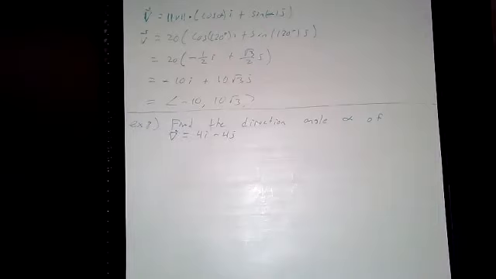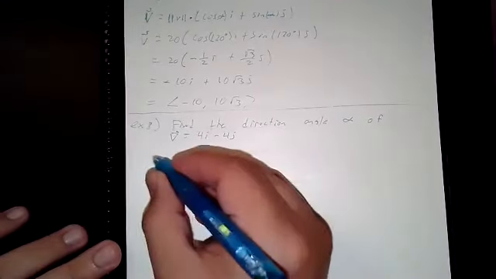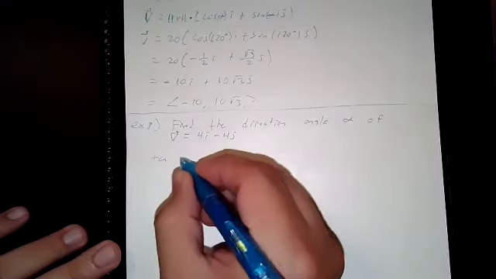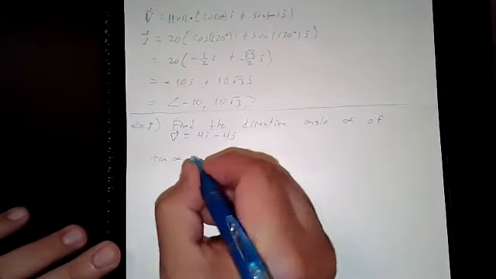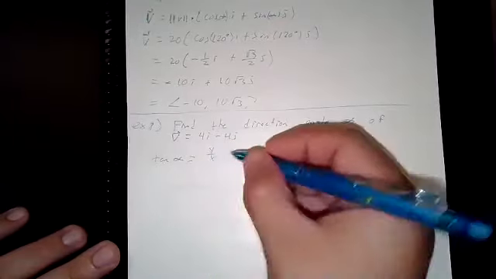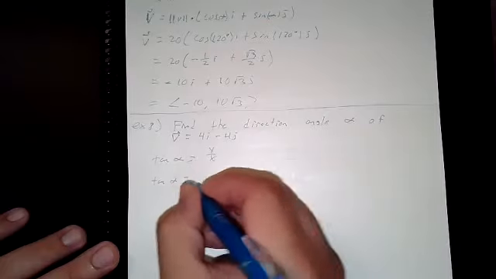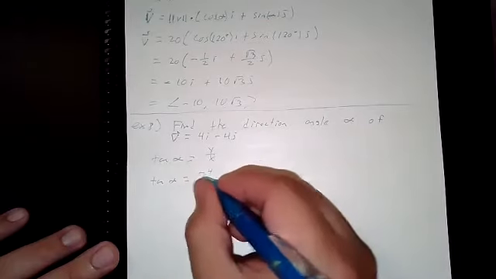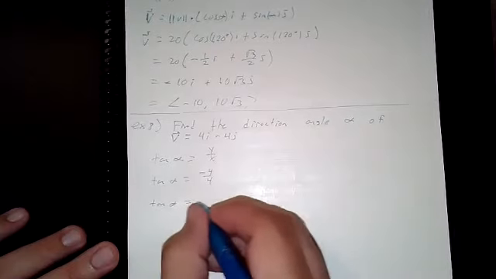Similar to what we did before, we can use tangent to help us out. Tangent of alpha is equal to y over x. So tangent would be equal to negative 4 over 4, which would be negative 1, right?